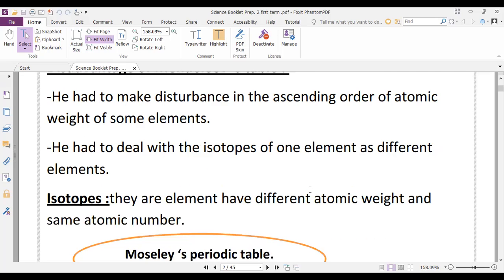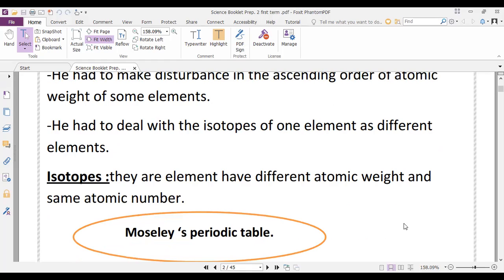So what's meant by isotopes? They are elements having different atomic weight and the same atomic number.